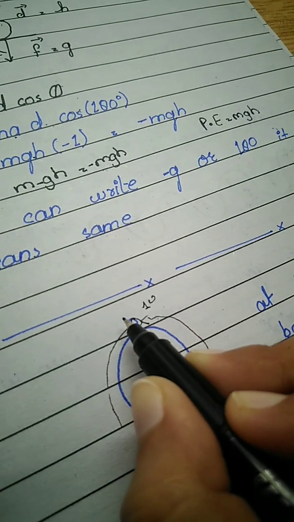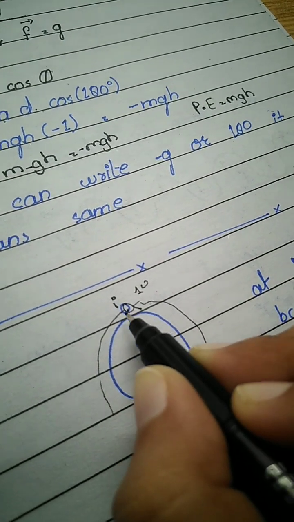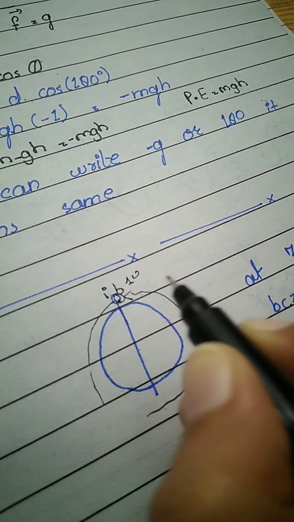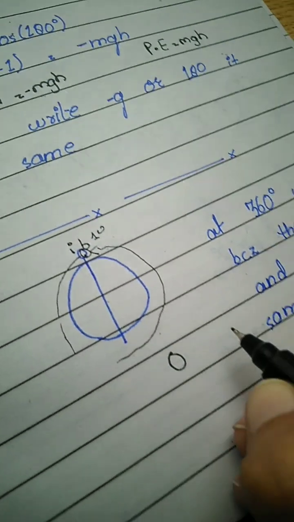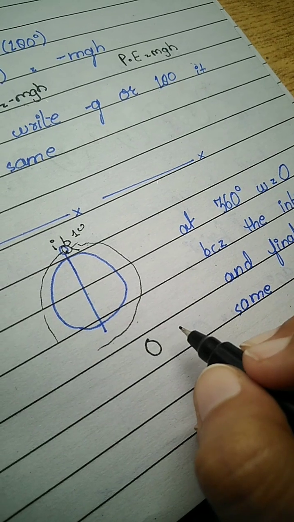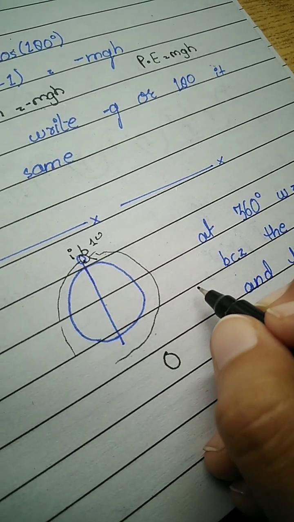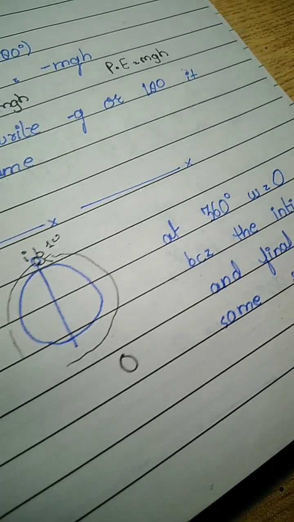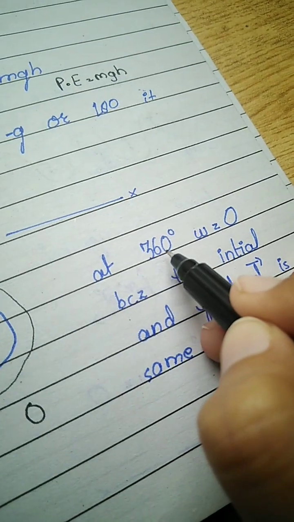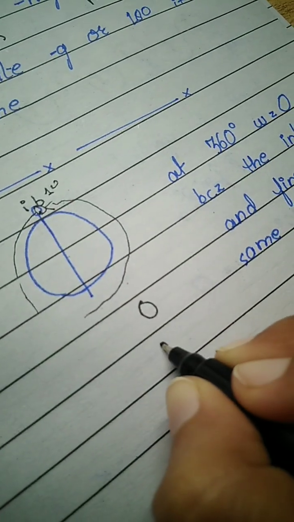Now, in this condition, the initial point is this, and the ending point is also this. So what will be the distance? Distance will be 0, because no distance is covered. According to physics, if your initial and final points are the same, no distance is considered. So here at 360 degrees, work is equal to 0. How?